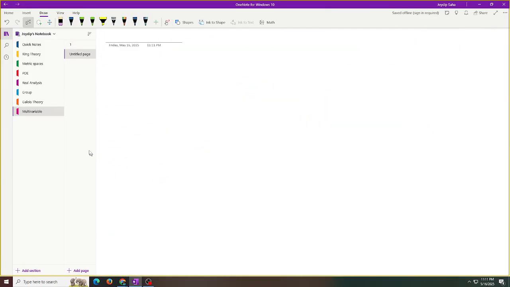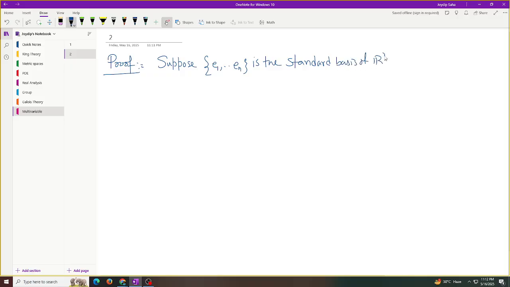I should add a page number 2. Proof. Suppose e1 to en is the standard basis of R to the power n.